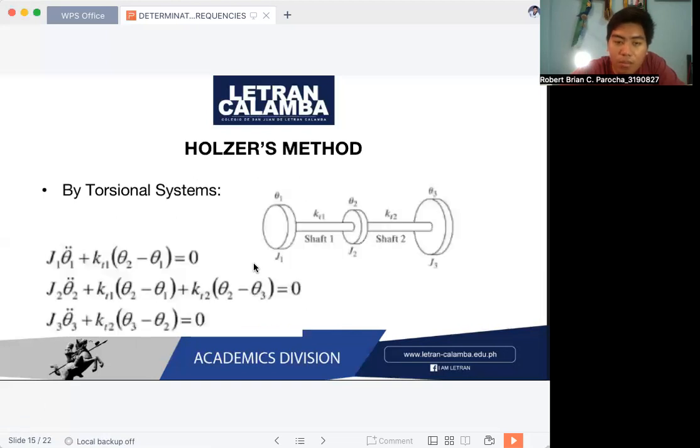Next is bitorsional systems. As you can see on the figure of shaft 1 and shaft 2, we consider the undamped torsional semi-definite system, which also shows the equations of motion below.